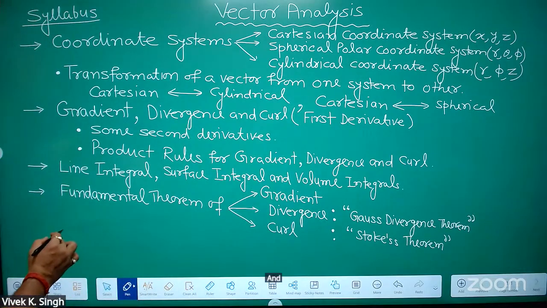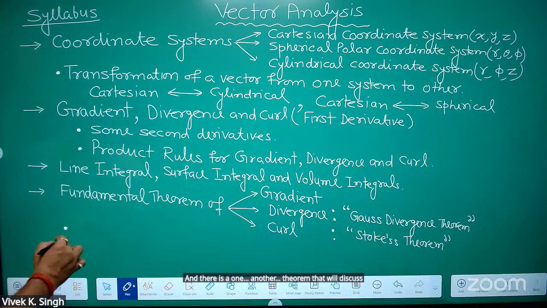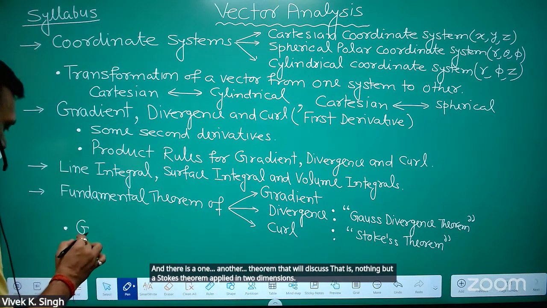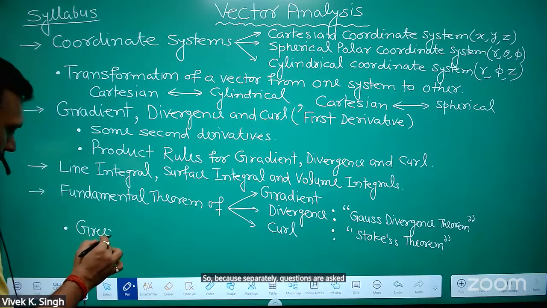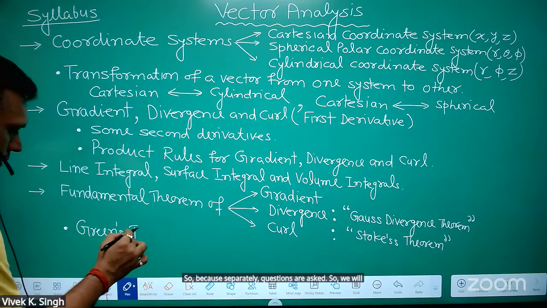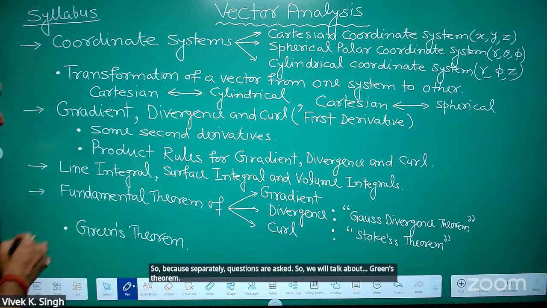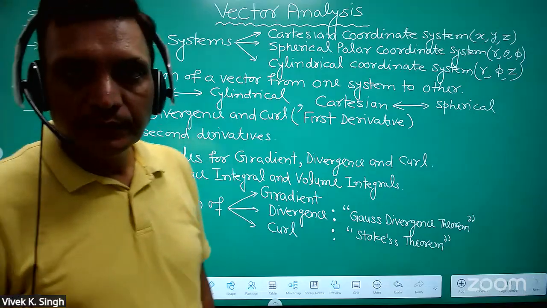And there is another theorem that we'll discuss, which is nothing but Stokes theorem applied in 2 dimensions. Because questions are asked on it separately, we will talk about Green's theorem. Okay?